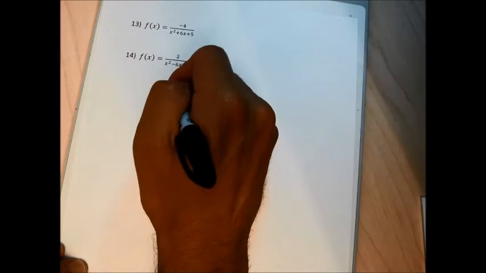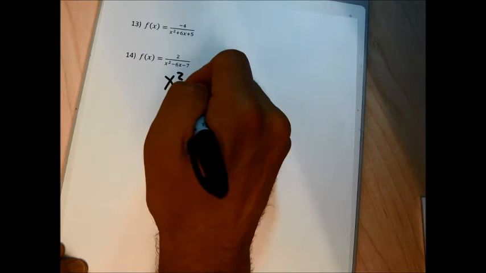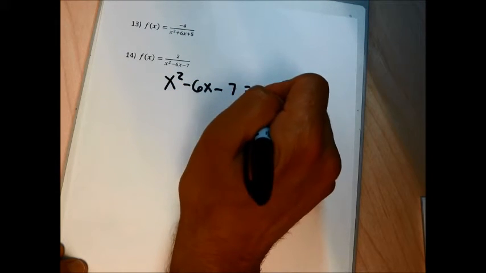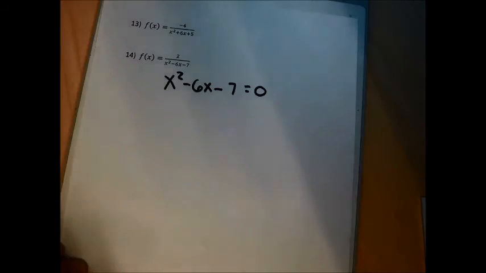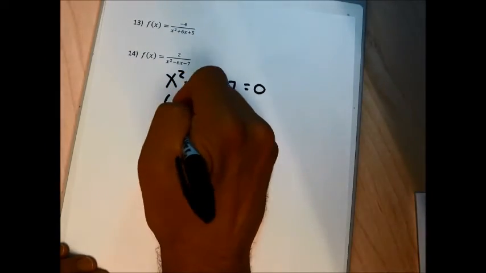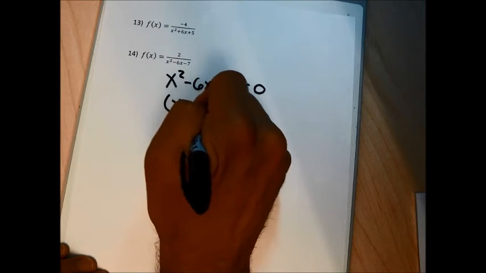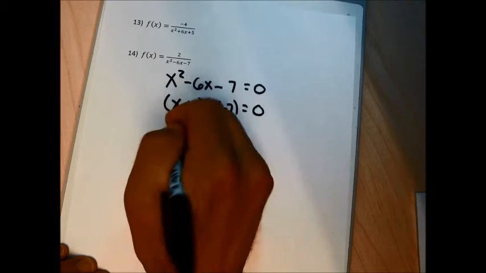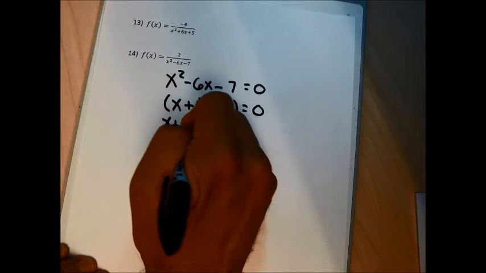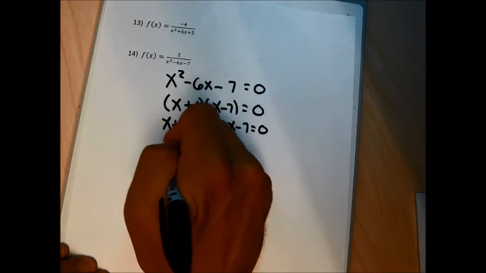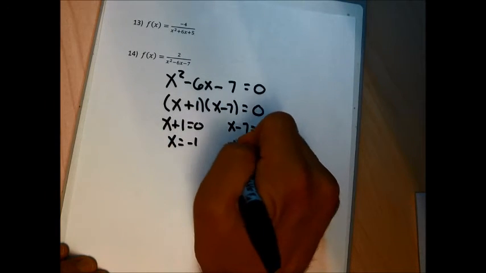I find the points of discontinuity for any fraction by taking the denominator and setting it equal to 0. Because this denominator has a square, I have to factor it. Factors into x plus 1 times x minus 7. Then I set the contents of the parentheses equal to 0. And I get 2 points of discontinuity.